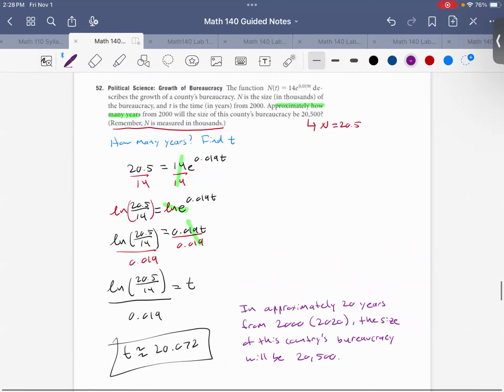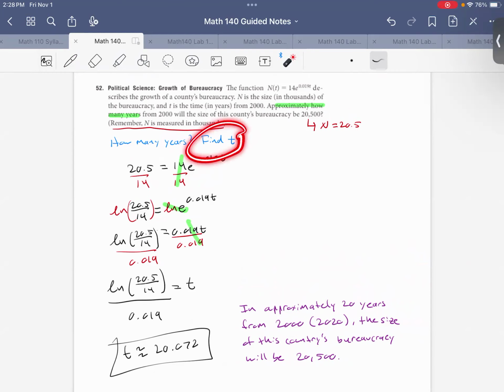Okay, so that is how you use solving for exponents to figure out some type of variable in an application setting.